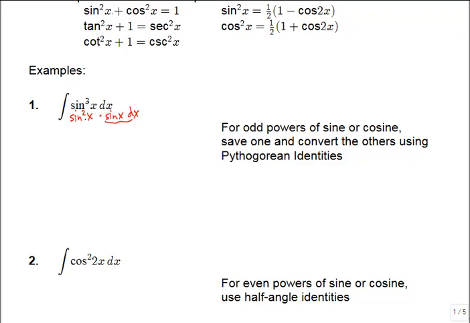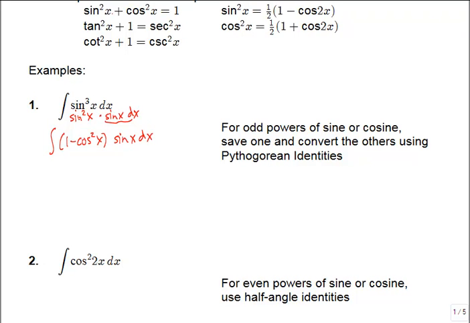This sine squared x I'm going to convert into cosines using my Pythagorean identity up here. So if sine squared x plus cosine squared x equals 1, then that means sine squared x is 1 minus cosine squared x. So this is what I've turned my integral into so far.